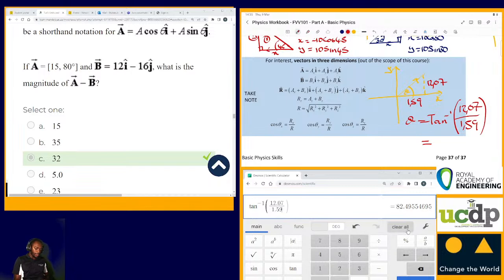We get 82.5. We get 82.5. If you are punching it in, this is what you are expected to get.